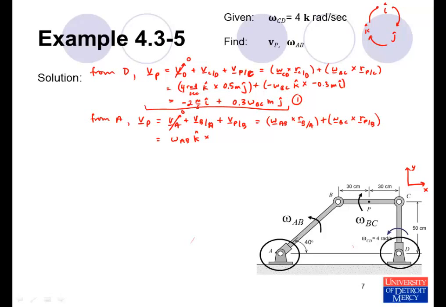Consider A the origin. Draw the vector towards the point B. So this vector we can break up into x and y components. The y component is the same as over here. It's 0.5 in the positive j.